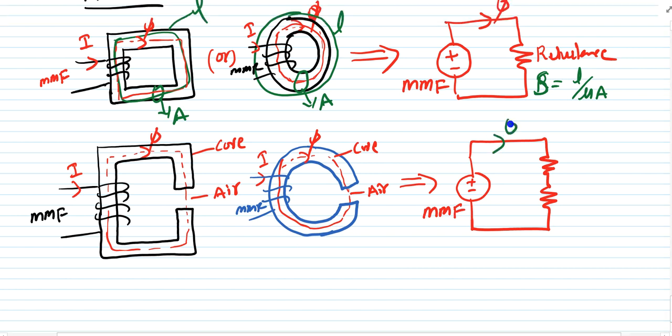This is my flux phi. This is the reluctance of the core, and this is the reluctance of the air gap. Then this flux phi can be written as mmf divided by the reluctance, so Sc plus Sg. So like that you can analyze the network.